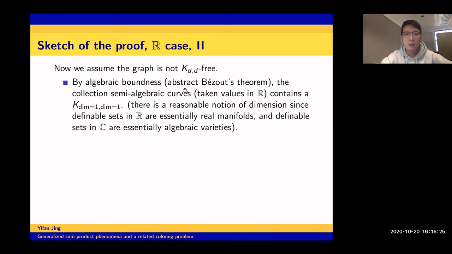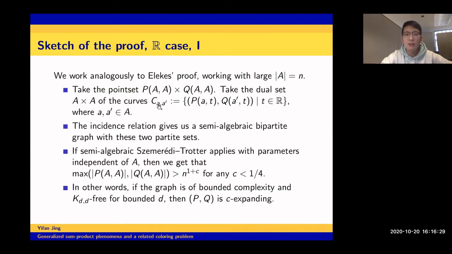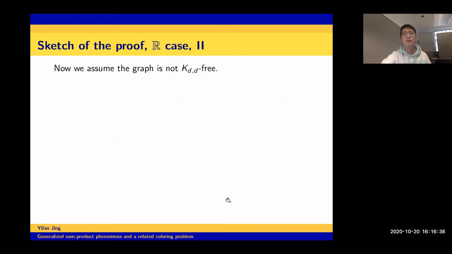So using this result, in the previous slides, we defined curves taking values in A and A'. But if the graph is not K_{D,D}-free, we can construct a dimension 1 family of curves, taking values for all elements in R. So let's consider the R case. For every A and A' in R, we can define a curve.